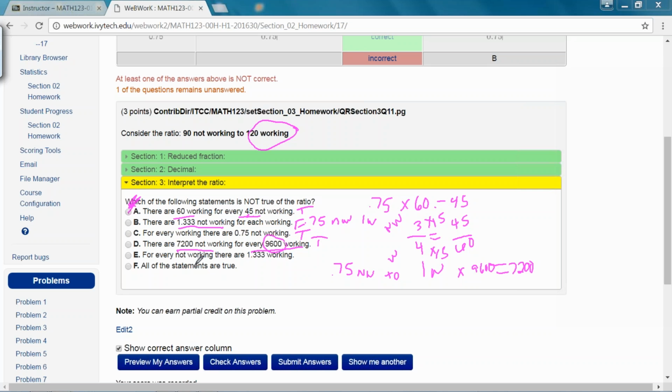For every not working, there are 1.33 working. Okay, so we need to reverse this and put not working over on the bottom and working up here.